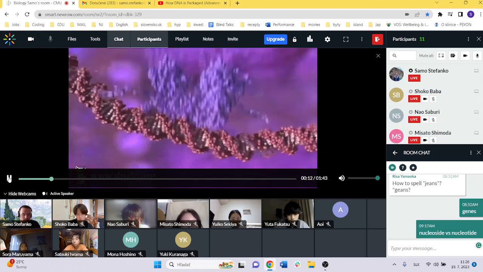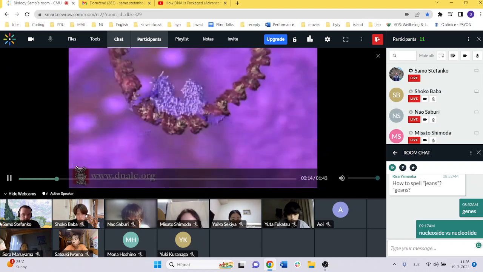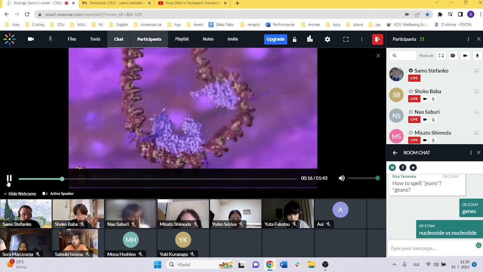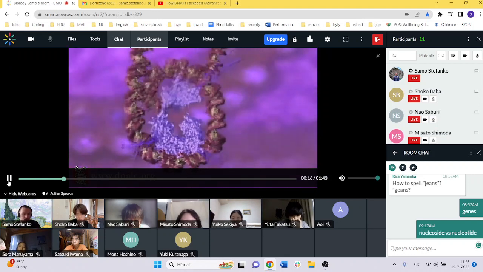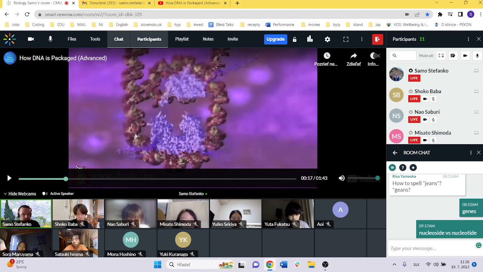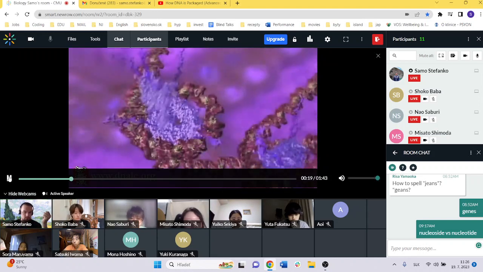The process starts with assembly of a nucleosome, which is formed when 8 separate histone protein subunits attach to the DNA molecule. So those here are histones already. Histones are getting attached to DNA, and you see how the DNA is getting wrapped around them. So it's curving, it's not linear anymore, and getting wrapped around histones.